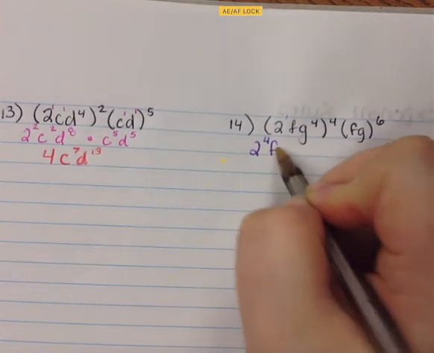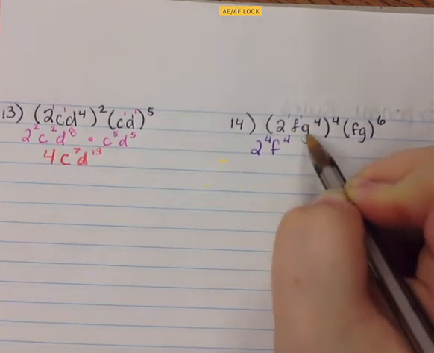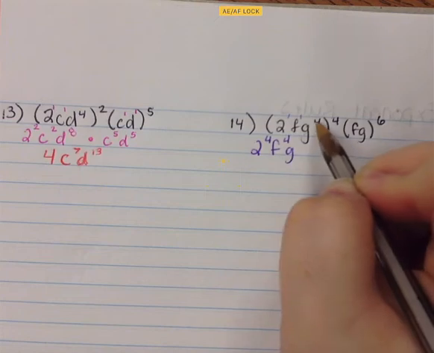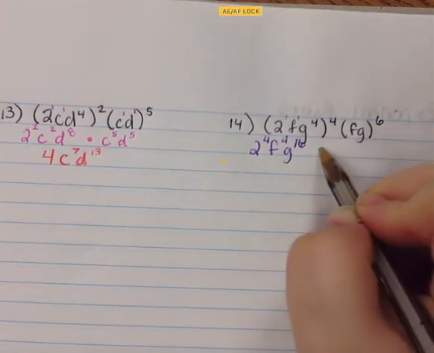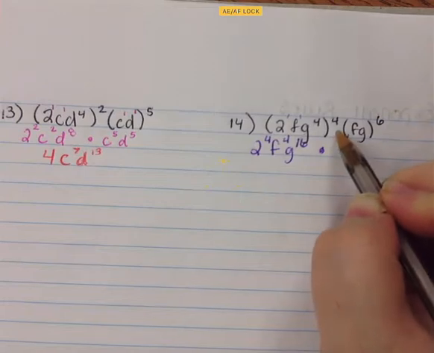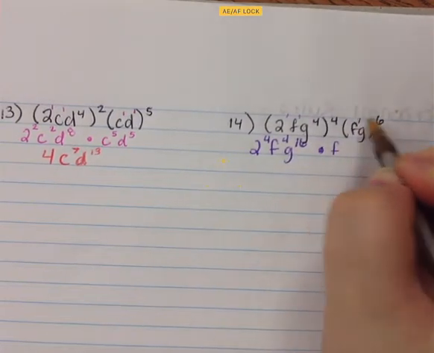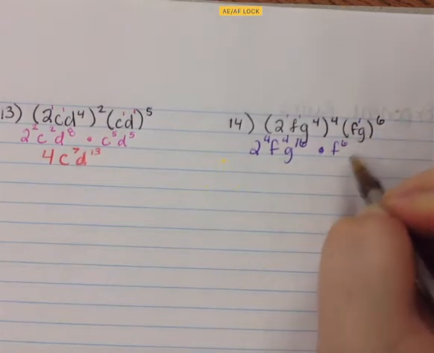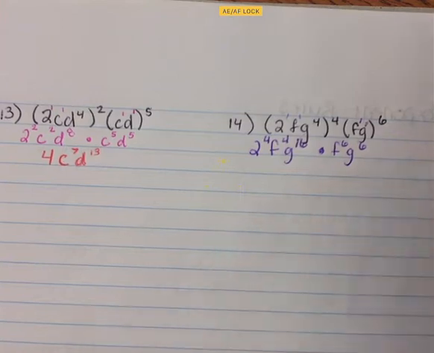Base of f raised to the 1 times 4 is 4. Base of g, 4 times 4 is 16, so raised to the 16th power. Times, because that's in the middle here, base of f raised to the 1 times 6 is 6. Base of g raised to the 1 times 6 is 6.